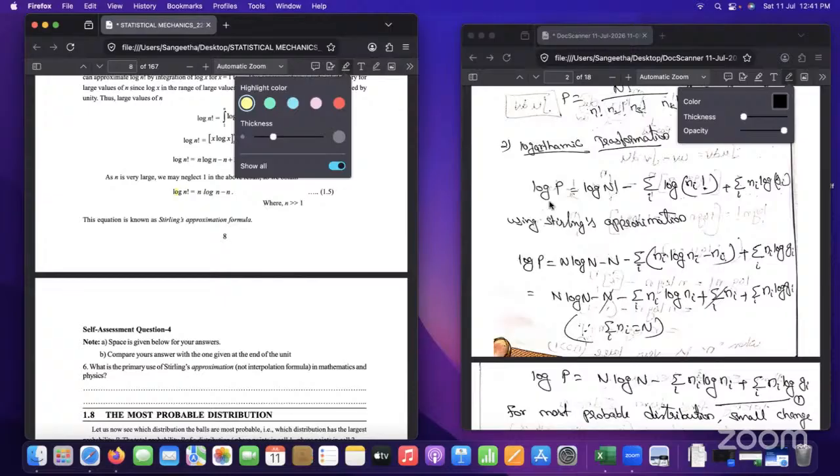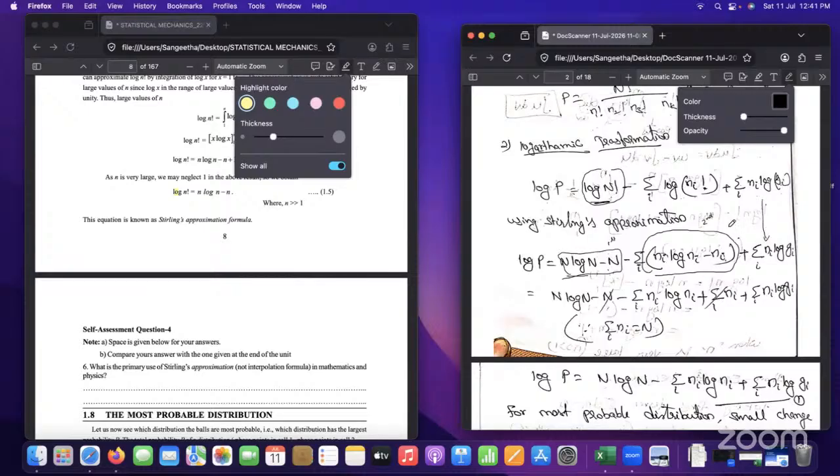Log P keeping as it is, log N factorial I am writing as N log N minus N. Using Stirling approximation, this log N factorial is written as N log N minus N. Similarly, log Ni factorial is written as Ni log Ni minus Ni. So this is the second term, this one is the first term, and the third term is kept as it is. What is the third term? Ni times log Gi.